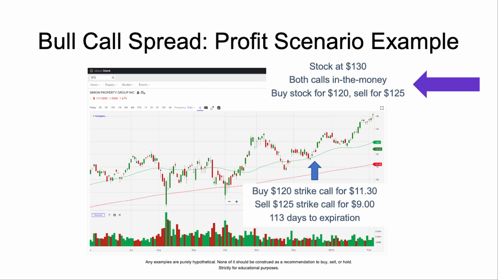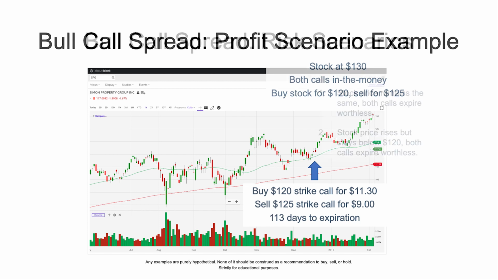The stock price is trading above both of the calls, the one that we bought and the one that we sold. This would lead us to a maximum profit scenario. What would happen is we could buy the stock for 120, sell it for 125, and then we would see a return here of $5. But remember, we had a net debit of $2.30. So basically, it cost us $2.30 to make $5.